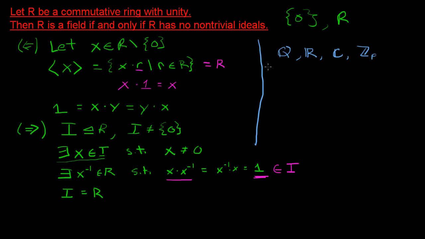And I think that's all that we've talked about so far. So this result says that if these are all fields, then they have no non-trivial ideals. So that's actually kind of useful.